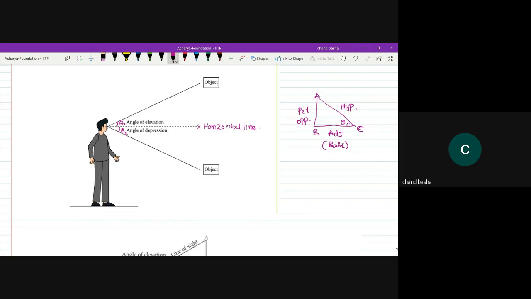Suppose the hypotenuse is asked based upon the adjacent, we can make use of cos. Suppose he is asking perpendicular based upon the hypotenuse, we can make use of sine. It depends upon the given problem. So first read the given question carefully and then proceed to decide which trigonometric ratio you are going to use.